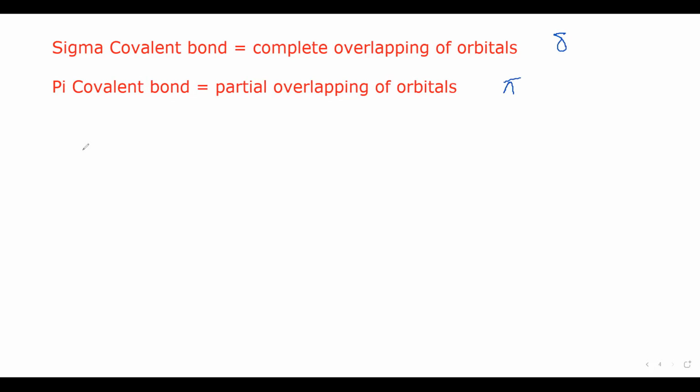Look, if we have hydrogen H2, what is the electronic configuration of hydrogen? It is 1s1. So one hydrogen will have an s orbital, and the other hydrogen will also have an s orbital.